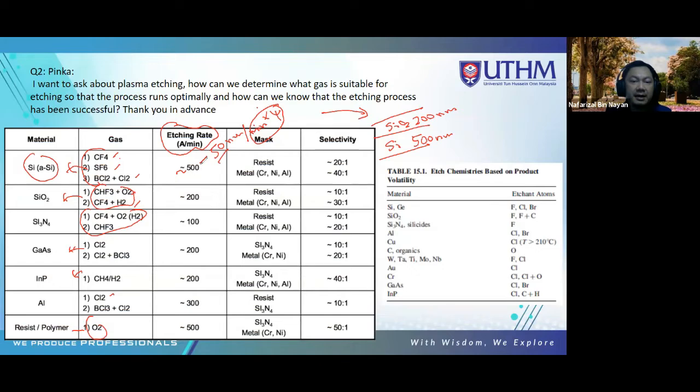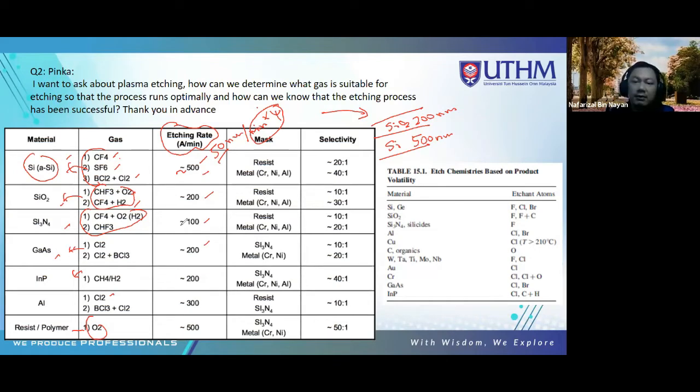Just now it was silicon. This value is available when you buy the product, when you buy the machine. They will optimize the value for you. Sometimes in our lab, for example, I think Dr. Go can also do the same thing.